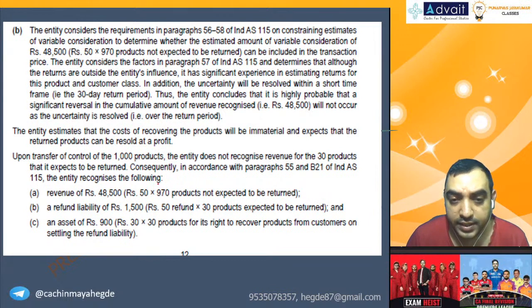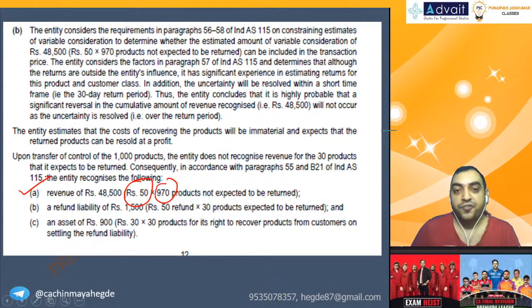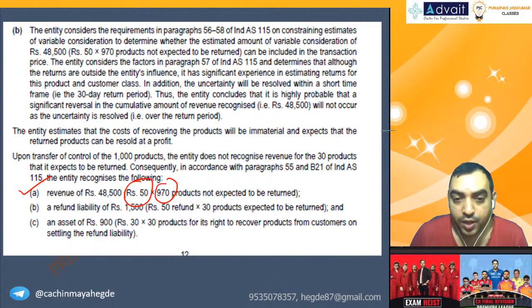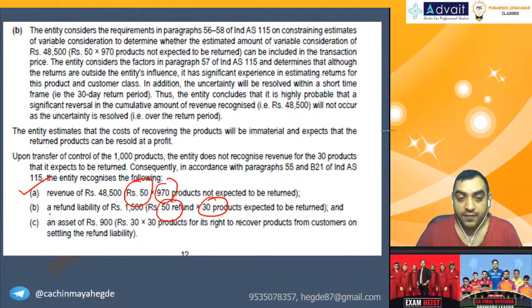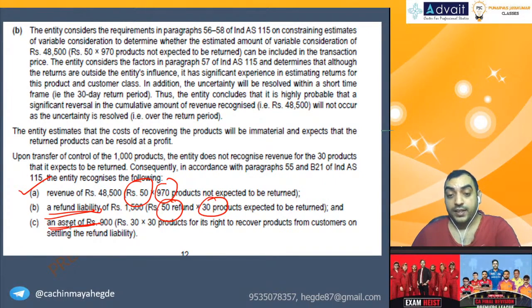So on the 970 products, 50 rupees revenue is recognized, 48,500 rupees. On the remaining 30 units, refund, therefore they have recognized a liability, and the remaining 30 units are your closing stock, therefore they are showing it as an asset, that is as closing stock, as inventory.